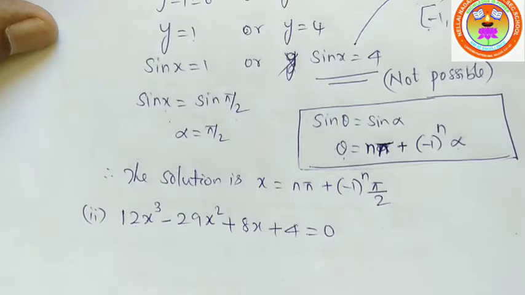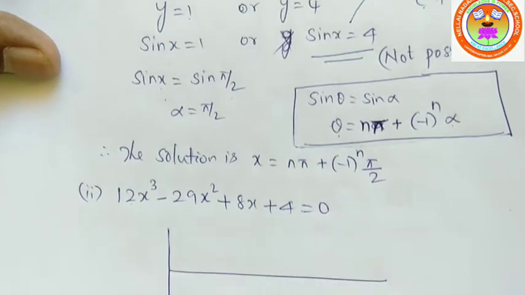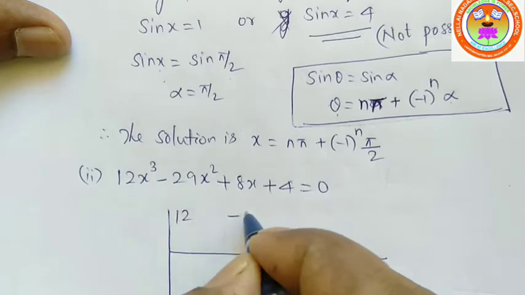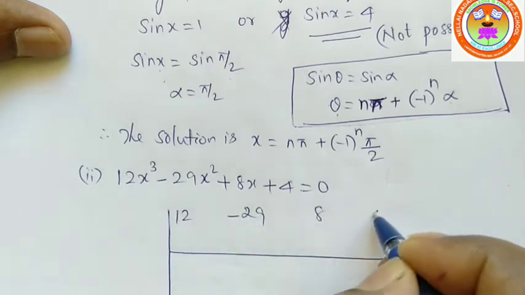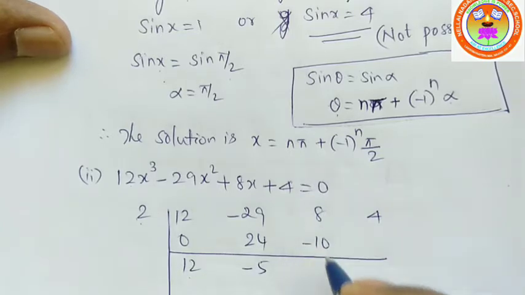Then go for 2. If you are dividing this polynomial by x minus 2 by synthetic division: 12, minus 29, 8, 4, apply 2. 0, 12; 2 times 12 is 24, balance minus 5; 2 times minus 5 is minus 10, balance minus 2; 2 times minus 2 is minus 4, so 0.